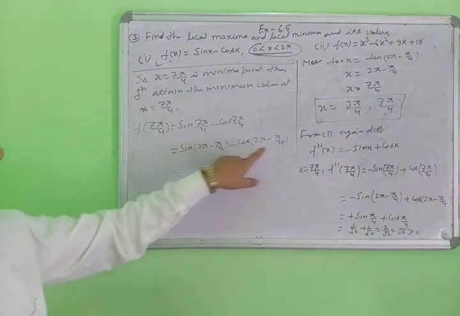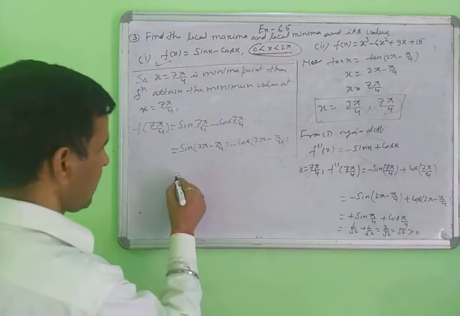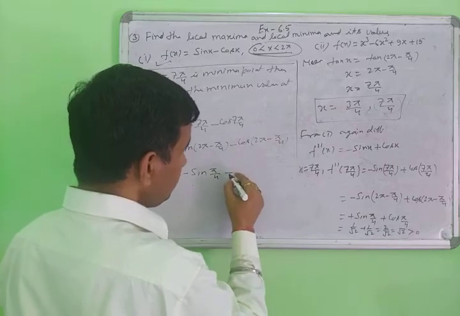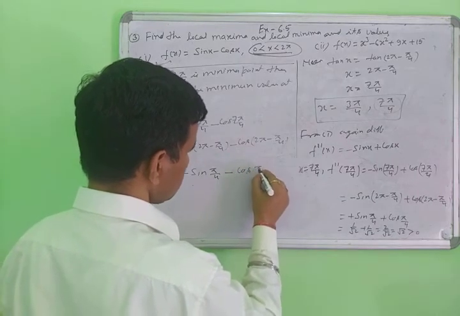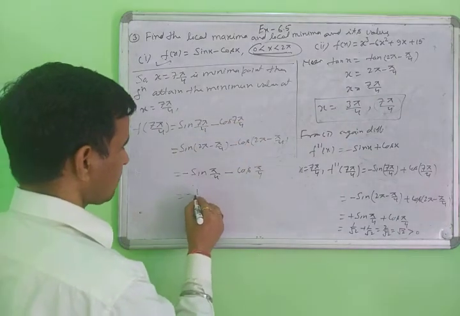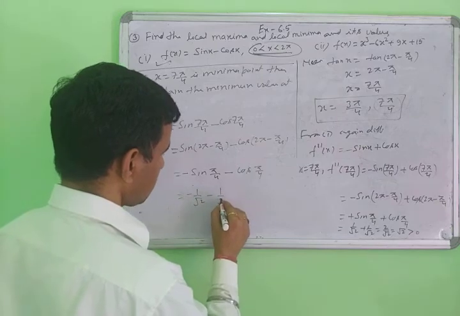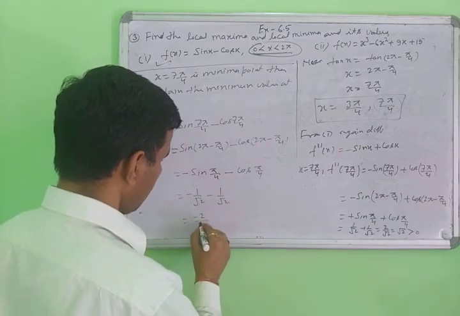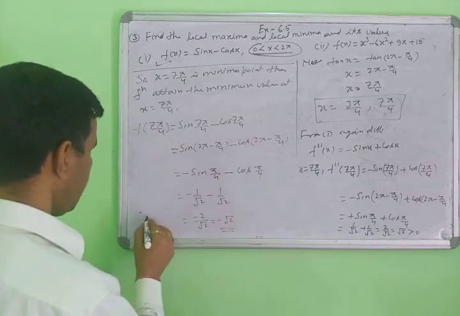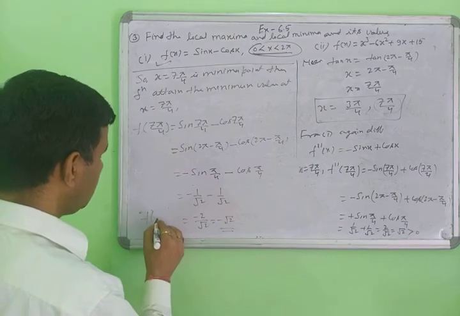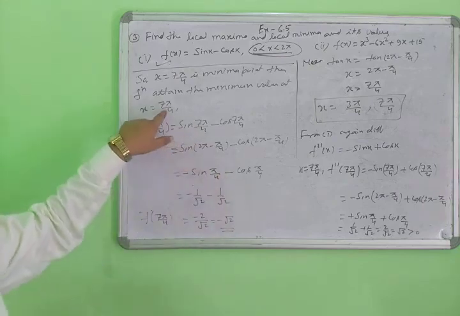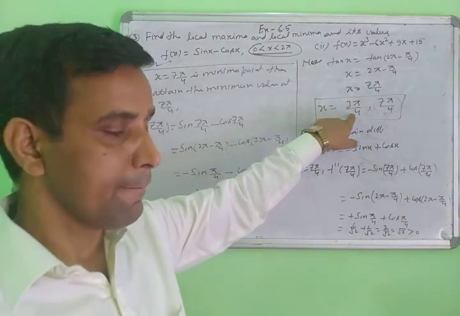This is the fourth quadrant, sin is negative, so minus sin π/4, and here plus, cos π/4. So minus 1/√2 and minus 1/√2. The result will come minus 2 upon √2, which is minus √2. So this is the minimum value of the function at 7π/4. This is your minimum value, this is your minima point, and this is your maxima point.